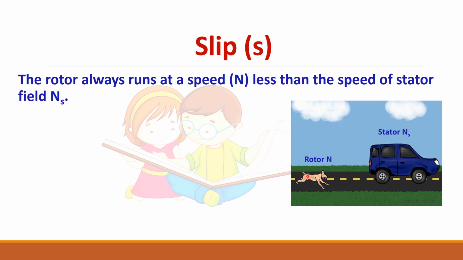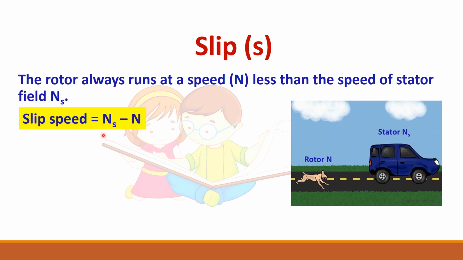This dog can never catch up to the speed of the car. There will always be a difference, though it may vary, but the dog can never touch the car. Only when there is this difference can the induction motor develop the torque.